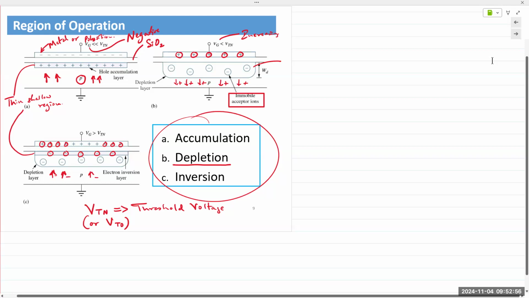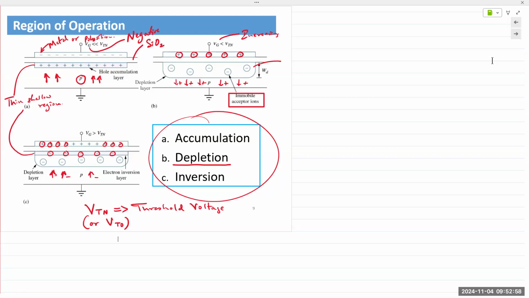All right, any questions? Yes. Right now, there is no current flow. This is just the central region where we are establishing a channel so that a conduction pathway is present between the two terminals. That's all we are doing. So this basically is to show how the gate voltage can be used to control the flow of current. Again, the key thing in all kinds of transistors, whether it's FETs or BJTs or MOSFETs, you have two terminals like a diode.